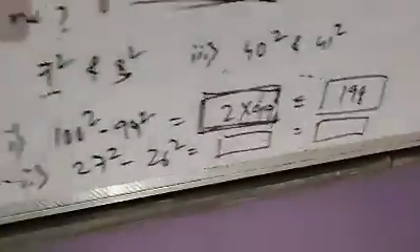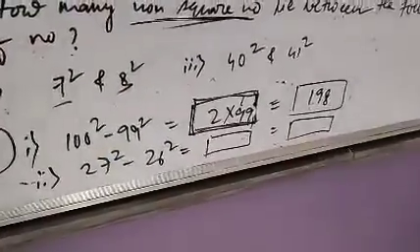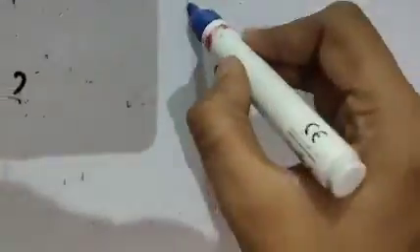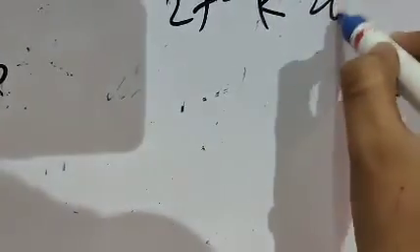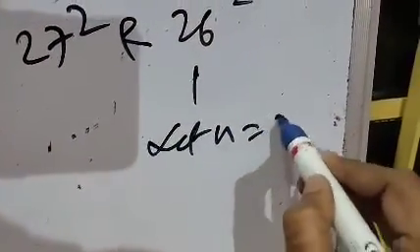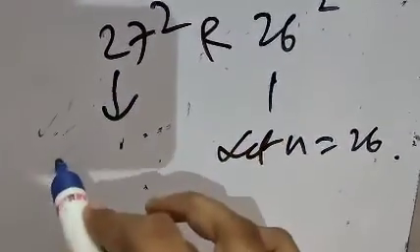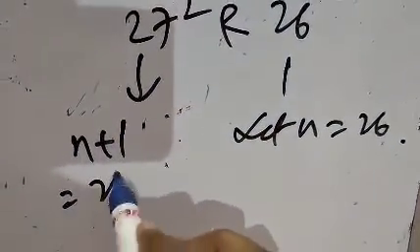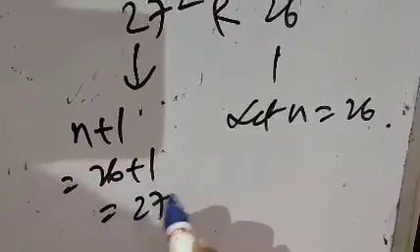Clear? Now the second question, 27 square minus 26 square, we will do the same. Let n equal 26, so n plus 1 is 27.